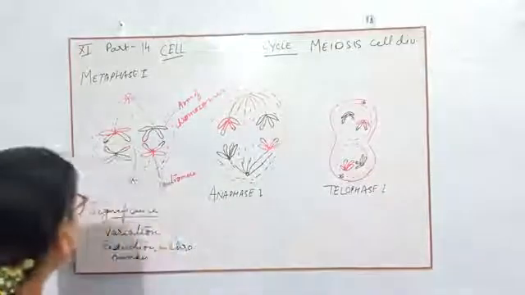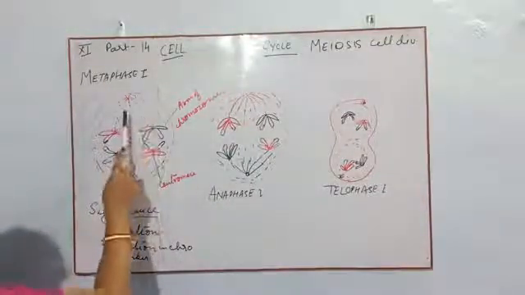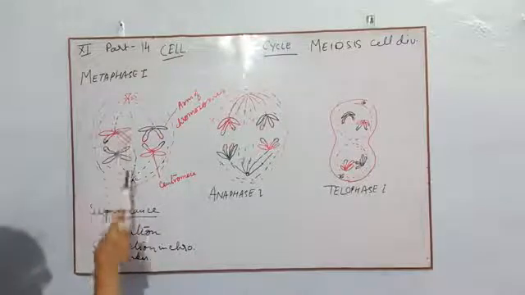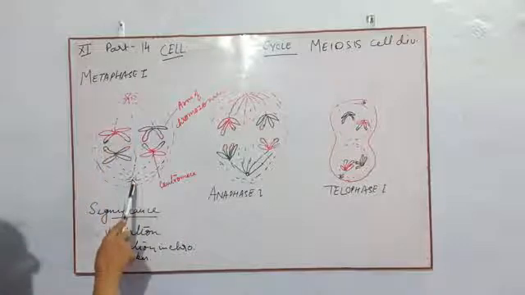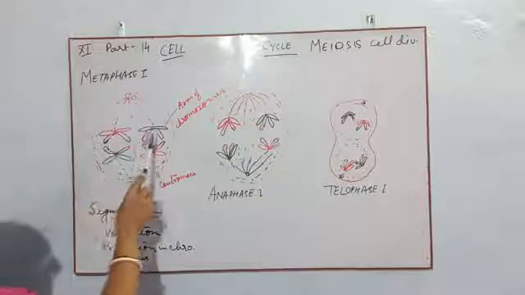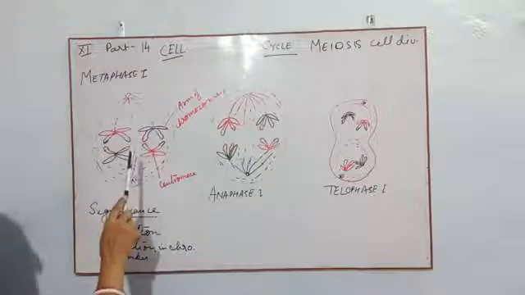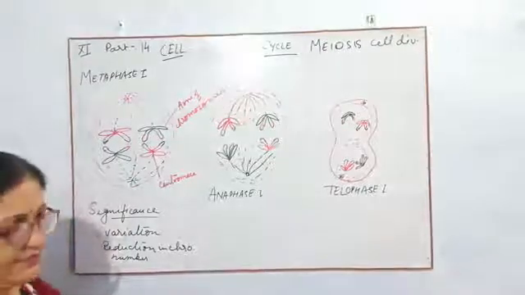Now children, this is metaphase 1. Here you can see both the centrioles are placed at their opposite poles. These two chromosomes already crossed over in prophase 1.